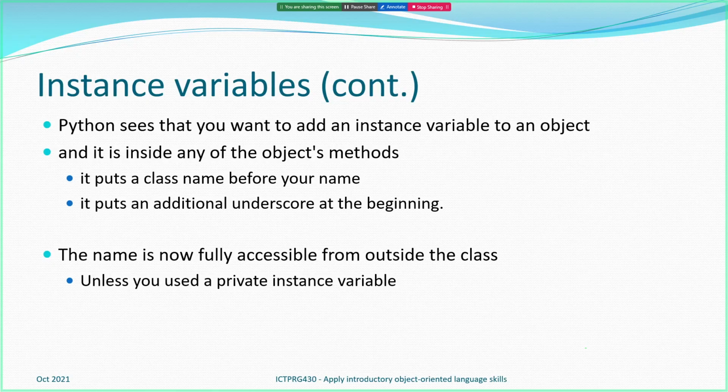So an instance variable must reside inside an object or its methods. You must put the class name before the variable name, and Python will put an underscore at the beginning. Now, this is automatic.